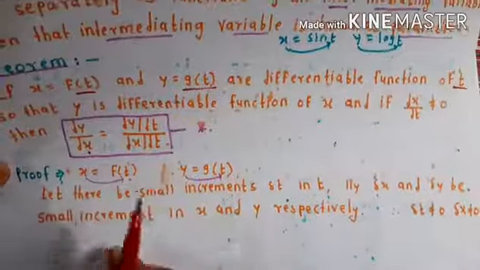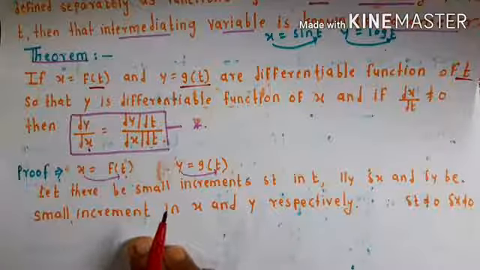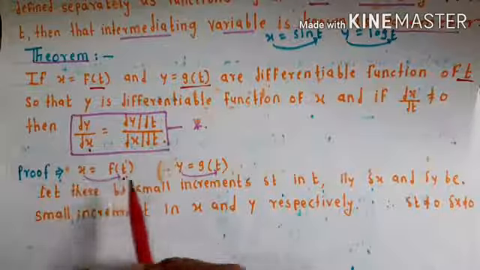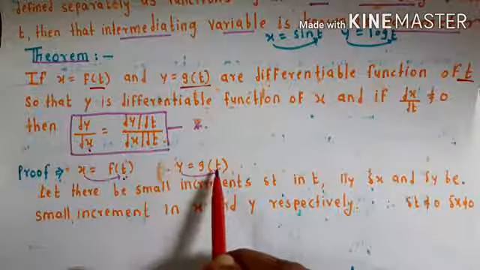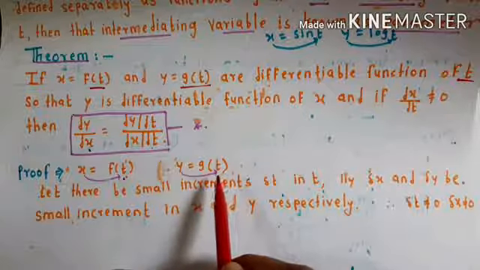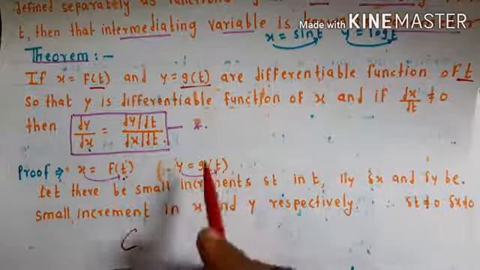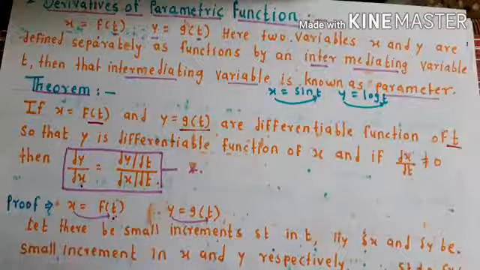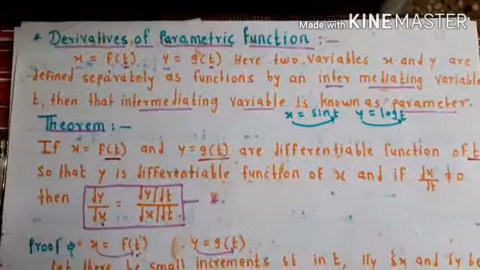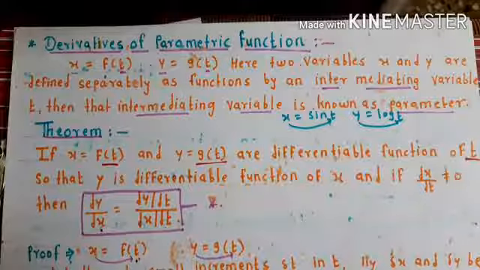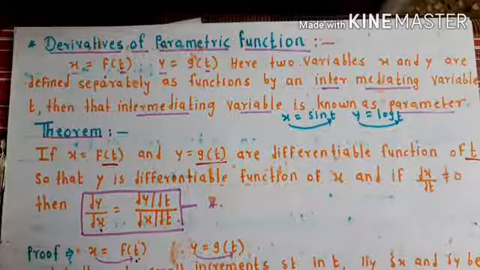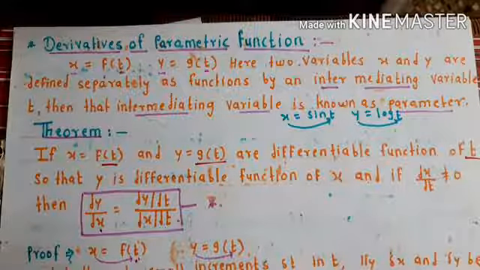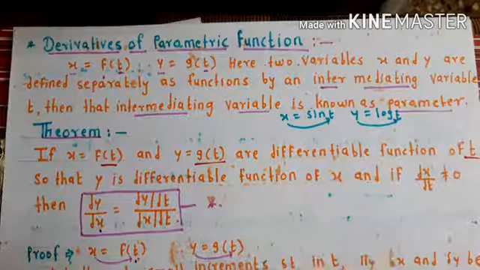To prove the theorem, let us see what is given. In the statement we are given that x is a function of t and y is a function of t, that is, y equal to g of t. When we prove the theorem, we use 4 steps. The steps are: first we consider the small increments in the given variables.